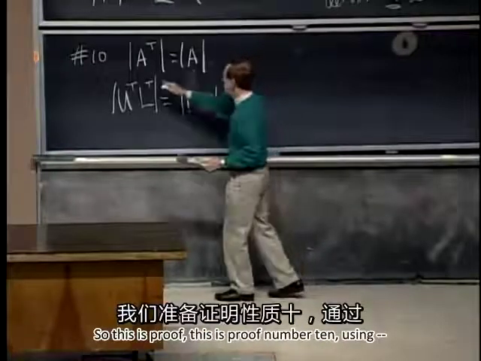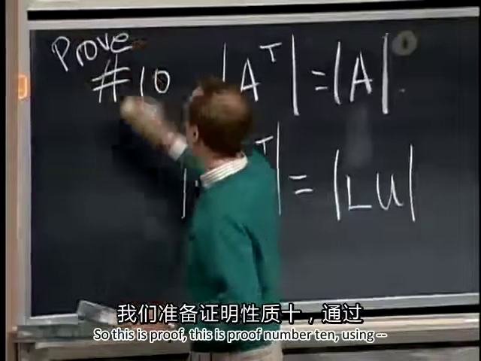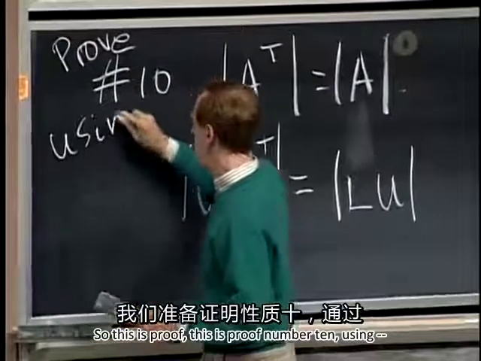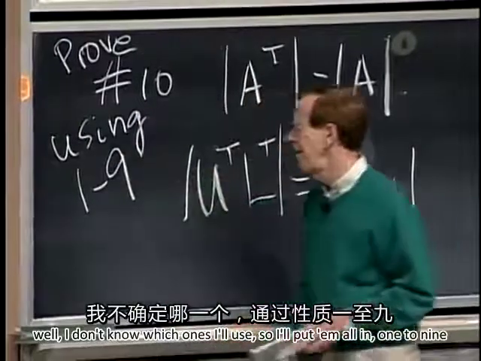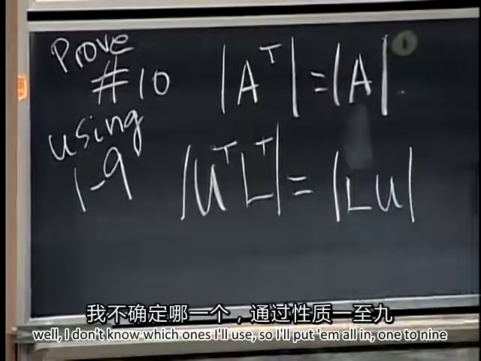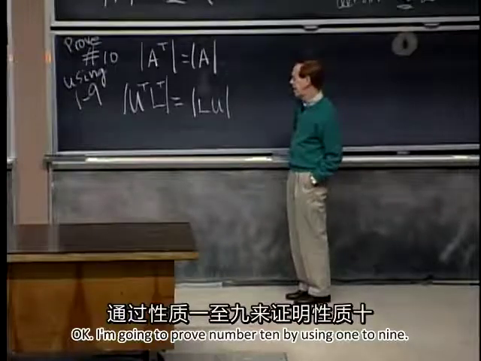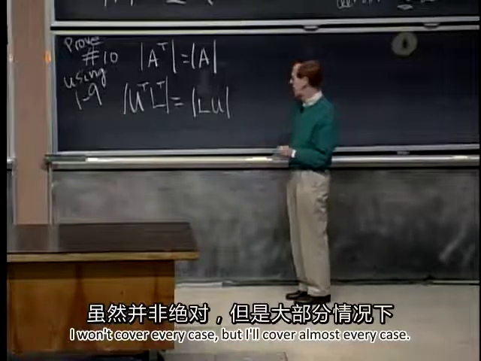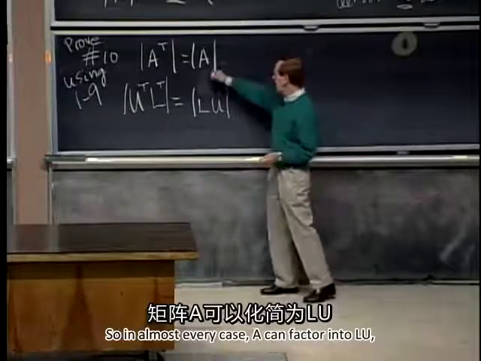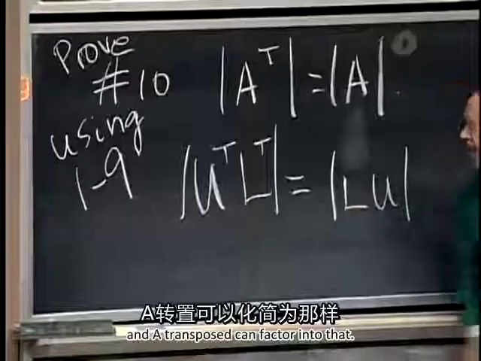So this is proof number 10 using, well, I don't know which ones I'll use, so I'll put them all in, 1 to 9. OK. I'm going to prove number 10 by using 1 to 9. I won't cover every case, but I'll cover almost every case. So in almost every case, A can factor into LU, and A transpose can factor into that.